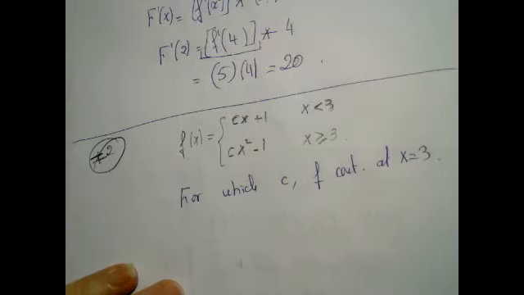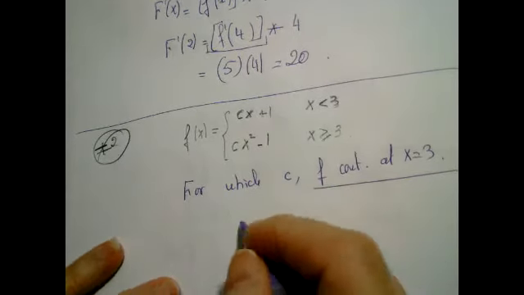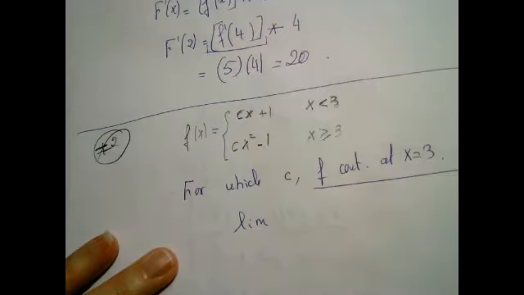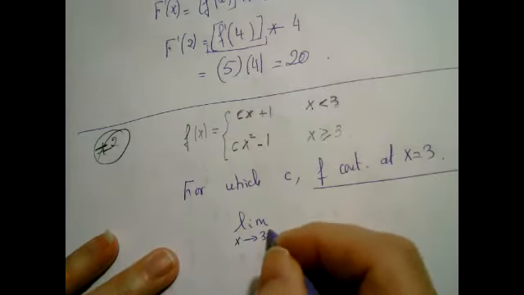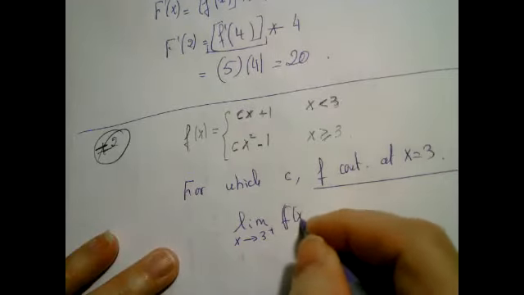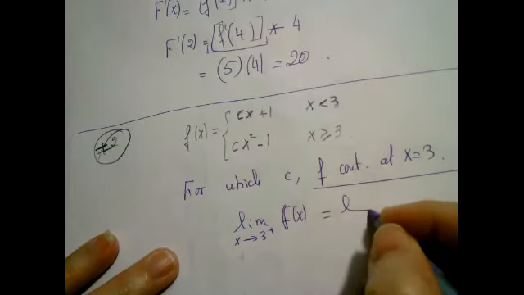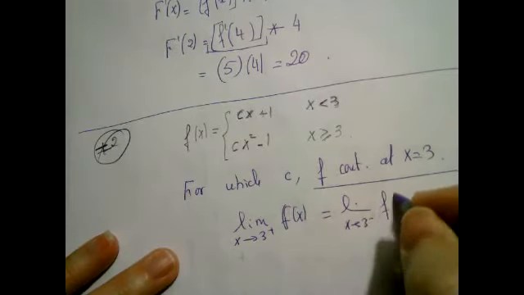Anybody else like to pitch in? So as I remember, if we want it to be continuous at x equal to 3, what do we want? We want the limit as x becomes close to 3 from the positive of f of x to be equal to the limit as x becomes close to 3 from the negative of f of x.